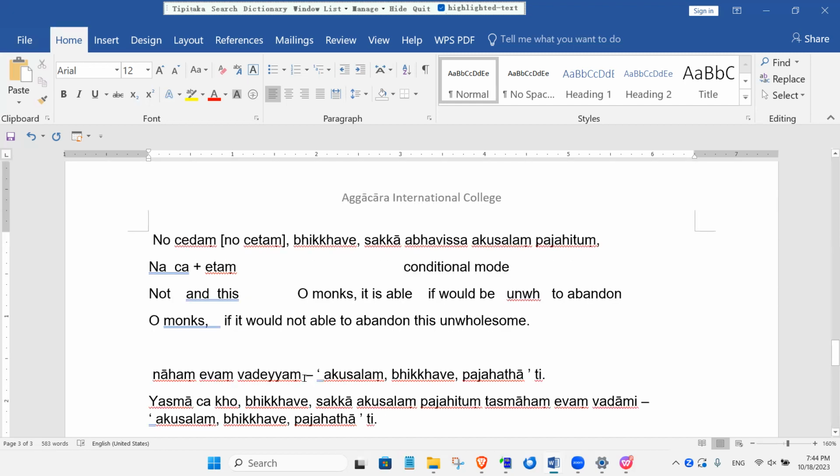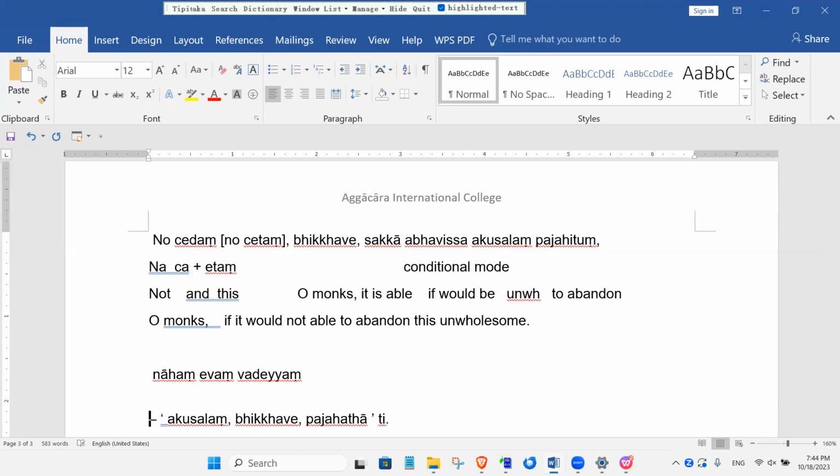Now this sentence. I checked the dictionary here, the "chedāng". It said that it is "ce" plus "idang". So "ce" is "if", equivalent to if.